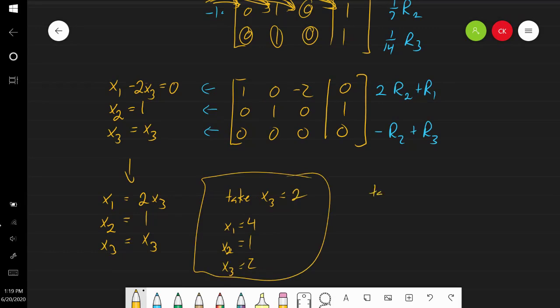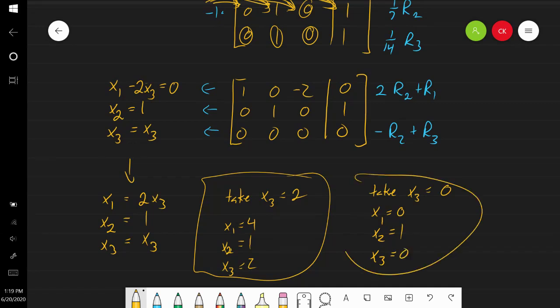As additional practice, let's take x3 to be equal to 0. Then that means that x1 is equal to 0, x2 is fixed at 1 again, and x3 is equal to 0. So this represents another solution. Of course, we can take x3 to be whatever we want it to be. So we end up with infinitely many solutions here. And this is how we describe that solution set in terms of its free variable.